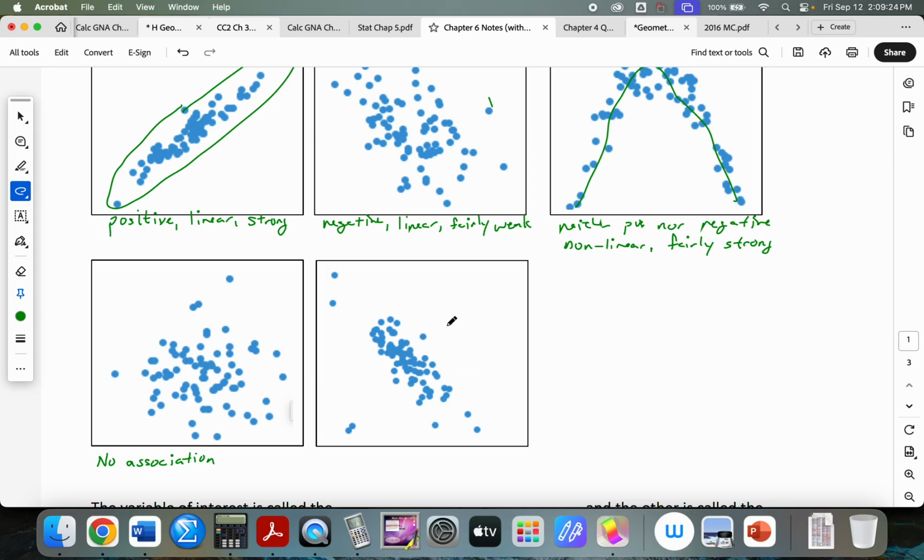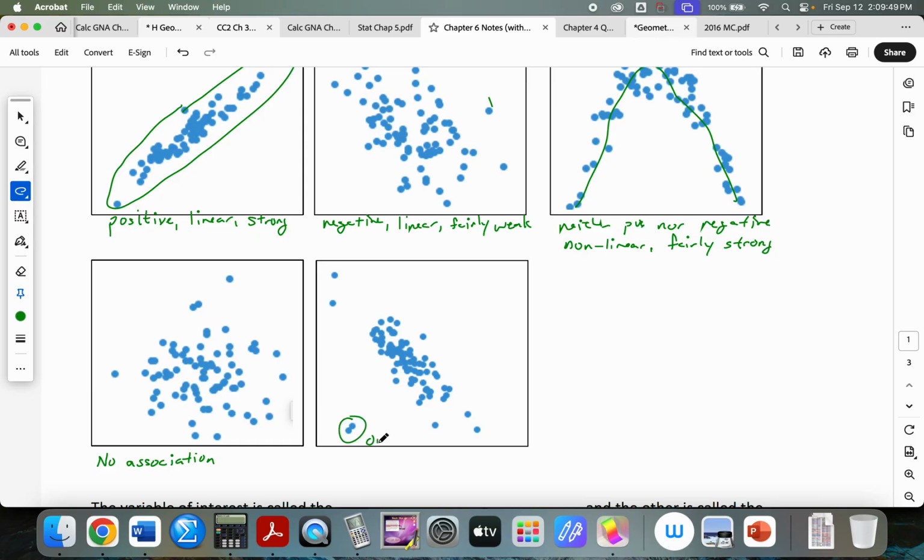Now, for this last one, we won't talk about all those things. I just want to talk about the difference between outliers and high leverage points. So on this, there's a fairly strong negative linear association, except for these 2 points.